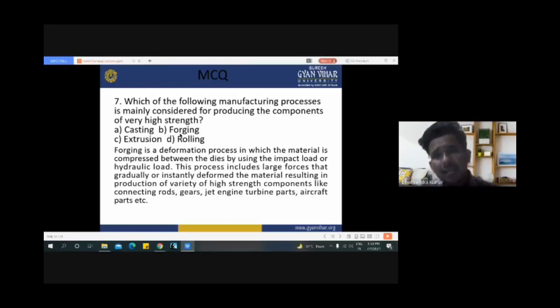Here we can see that apart from these three processes, only the forging process uses force. This force is either mechanical force or hydraulic force. Thus, we can see that forging is a deformation process in which the material is produced with very high strength.